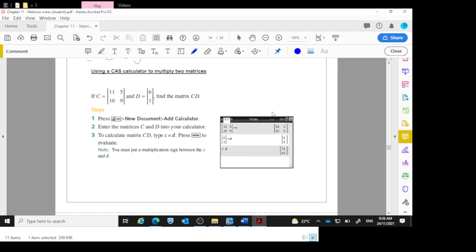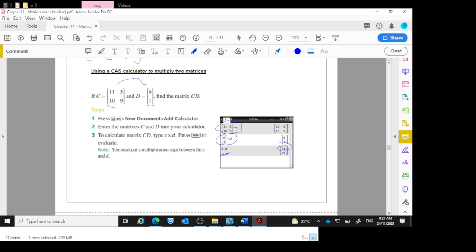We can do it also on calculator, as I've said. So if I save this one in C, and I've shown you how to store it, and I'll save this one in D, all I need to do is C times D. Of course, you don't even need to do that. You can just multiply these two matrices themselves on the calculator, and it will do it for you. But you need to understand to do it the theory way, because in the exam in the past I've asked you, how do you get this number?